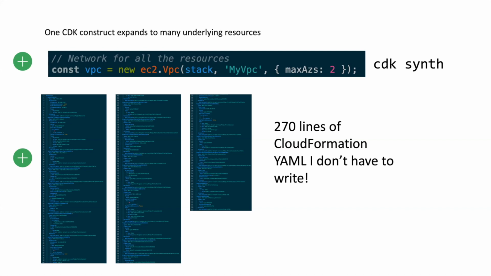So you can already get a sense that this is a massive time saver, as well as a reduction in mental burden. I don't have to think about all these underlying configurations anymore. All I have to do is use a high-level statement like create a new VPC with max AZs 2. So distribute this VPC across 2 availability zones.